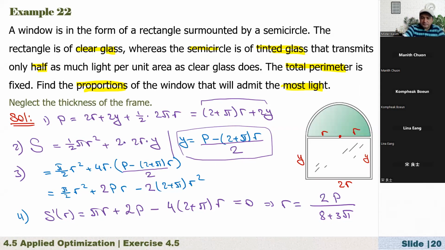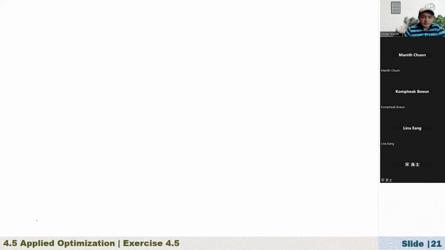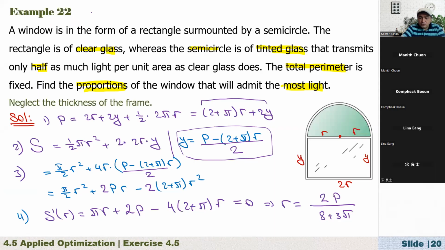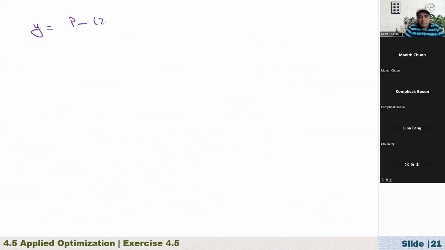So we have two equations here. Y is equal to p minus 2 plus pi r over 2, right? And how about r here? R is equal to 2p over 8 plus 3 pi.